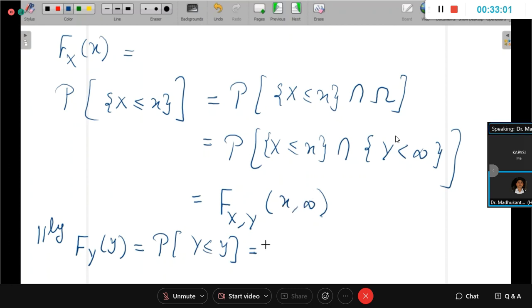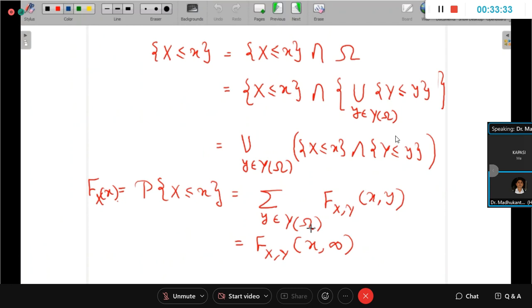So I will write straightforward F of x comma infinity. You fix the values and sum over infinity, roughly I'm telling. I hope this convinces you. Is that convincing? Yes, sir. Fine.